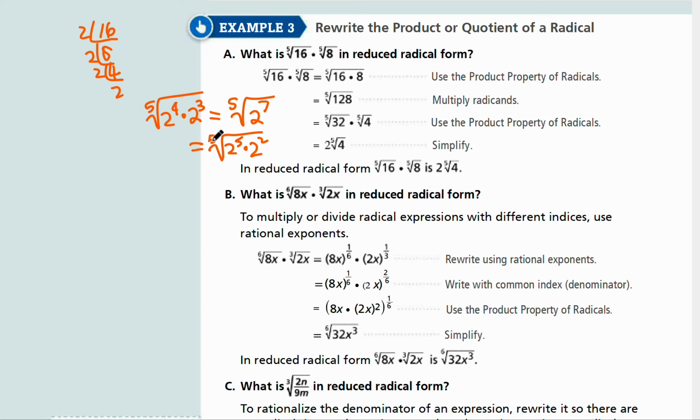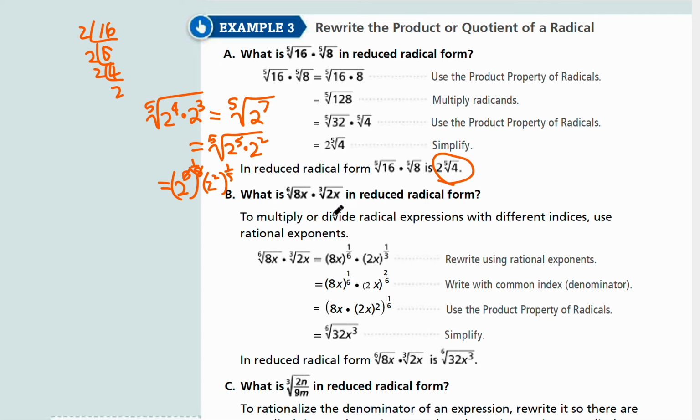And then we can cancel the 2 to the power of 5 with the 5th root, and then say, oh, then that's really equal to 2 to the 5th power to the power of 1 over 5, which is just 1, times 2 squared to the power of 1 over 5, which is the 5th root of 2 squared, which is 4. So the reduced radical form would just be 2 times the 5th root of 4.